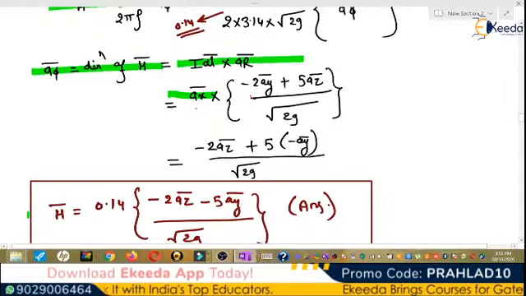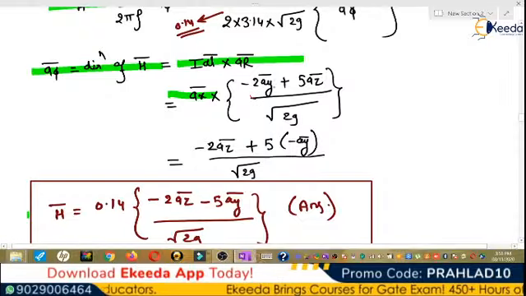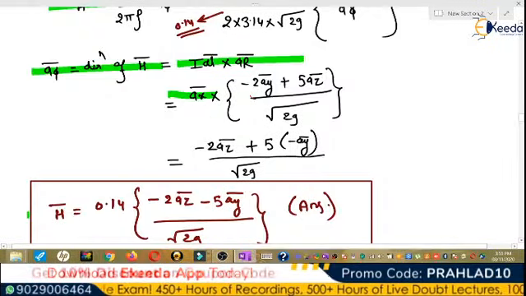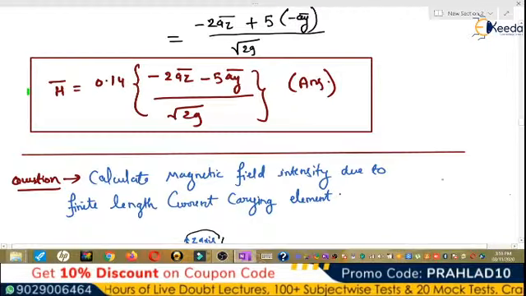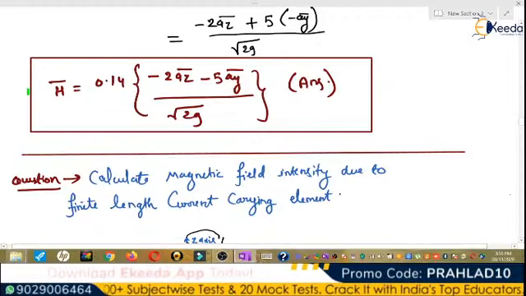So it is calculated as ax vector cross product with minus 2 ay plus 5 az by root of 29. When we solve it, ax cross ay is az, so minus 2 az, plus ax cross az is minus ay, so minus 2 az minus 5 ay by root of 29. So H vector is 0.14 times minus 2 az minus 5 ay by root 29.